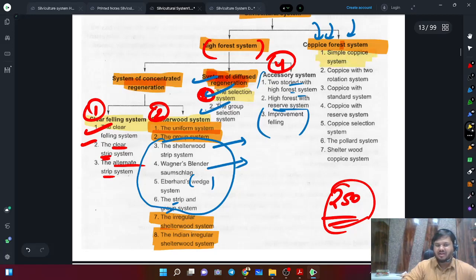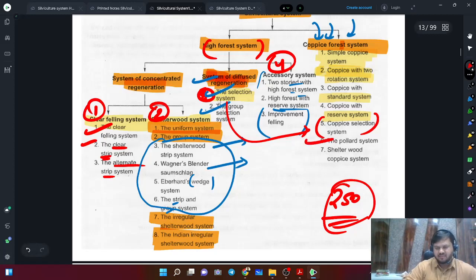Simple coppice is nothing but clear felling system itself, clear felling system through coppicing, right? Then there is coppice system with two rotation, coppice with standards, coppice with reserve, right? And then it is coppice selection system. It is nothing but selection system itself. Just that here instead of seed we are using coppice, right?